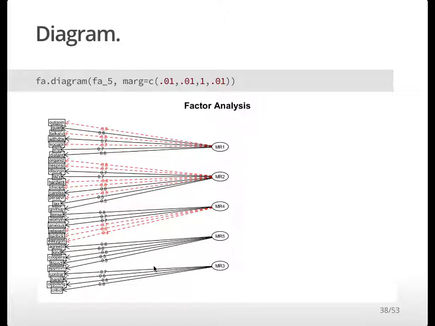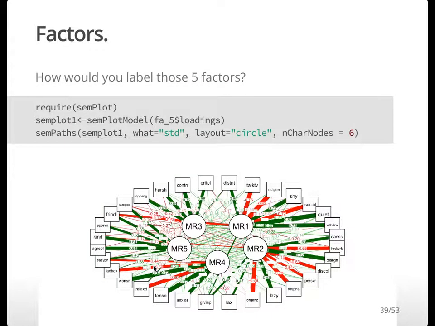For example, laid back is loading here, and we might expect it to be more up here when we talk about conscientiousness. So it doesn't always give you the perfect solution. Yeah. So this is just to visualize all those tables in one go. Yeah, I've already given you the answer, like how you label these type things. So they're the big 5 basically.